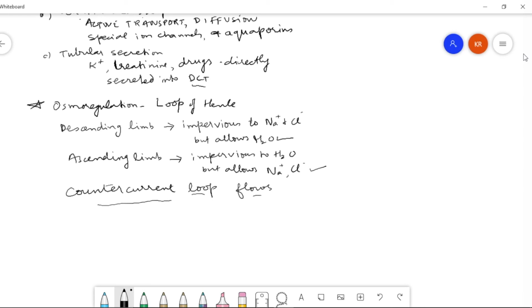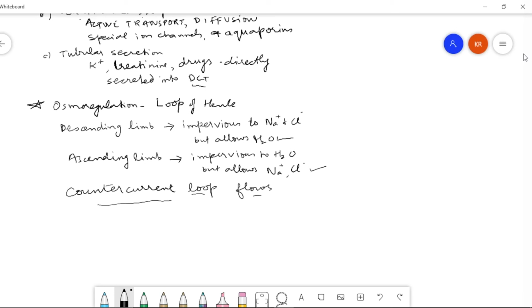This is studied a lot in engineering as well. You can try to find out more about countercurrent loop principles, where all in the body such countercurrent mechanisms flow. So this is by a method of countercurrent loop mechanism.